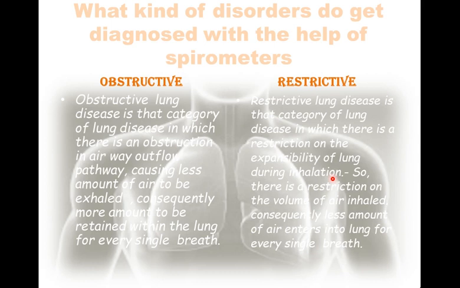The result is less amount of air will enter the lungs in every breath. So there is a restriction on the volume of air inhaled, and consequently less air enters the lung with every single breath.